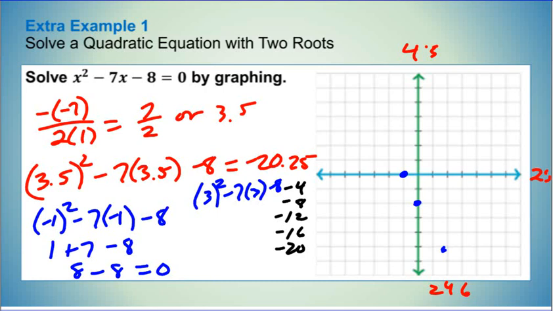Minus 8 gives us -20, so it can't be 3. Let's try 4. Actually, no, let's try 5. So if I put a 5 here, 5 squared is 25. Minus 35 minus 8 gives us -18. Actually, that wouldn't work there, so let's try 6.